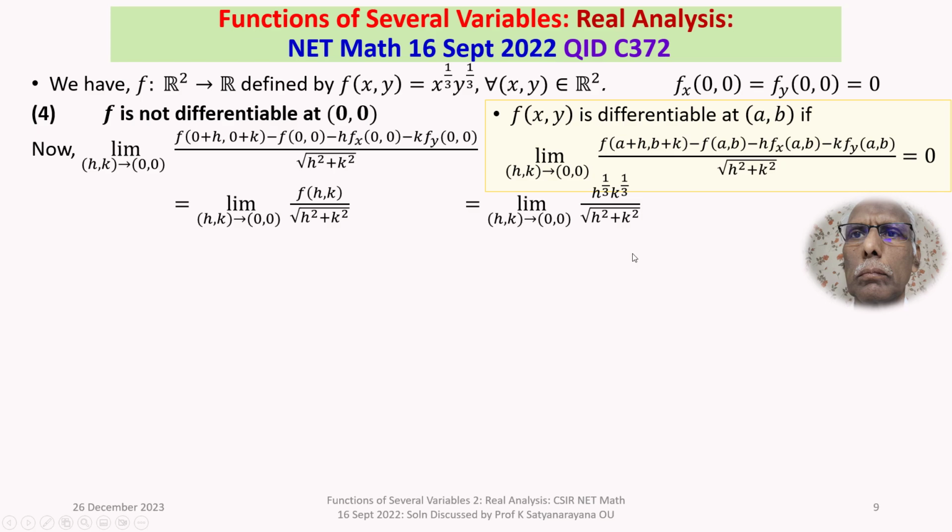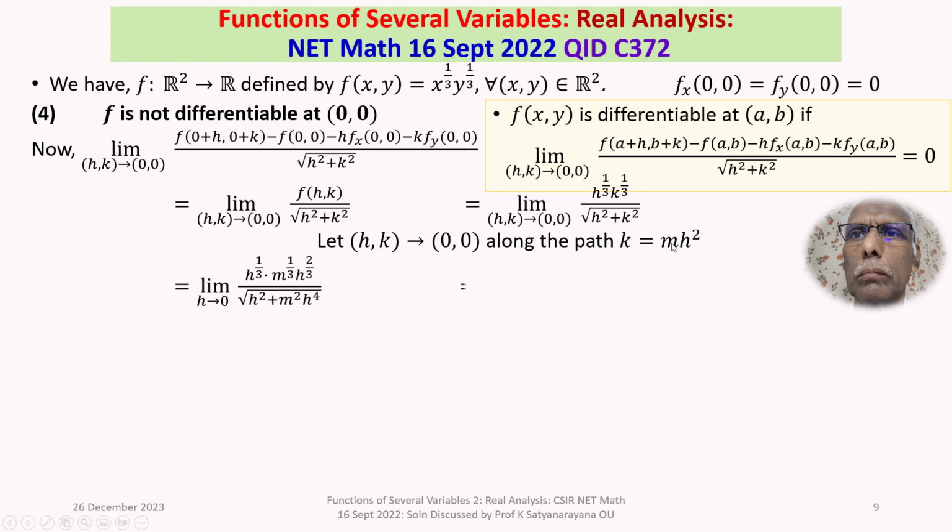Now let us take the limit along a particular path. Let (h, k) tend to (0, 0) along the path k = mh². Substituting, h^(1/3) times k gives m^(1/3) h^(2/3), and under the square root h² + k² is h² + m²h⁴, so everything is in terms of h.